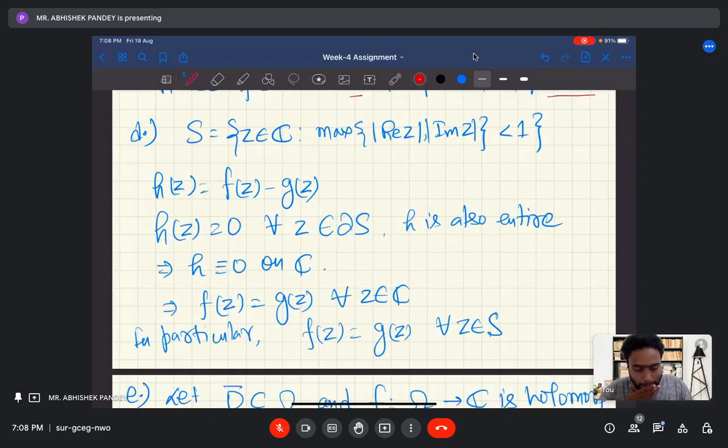Let f and g be two entire functions which agree on del S, the boundary of S. Now consider h(z) = f(z) - g(z). Then h(z) will be 0 on the boundary, and h is also entire.